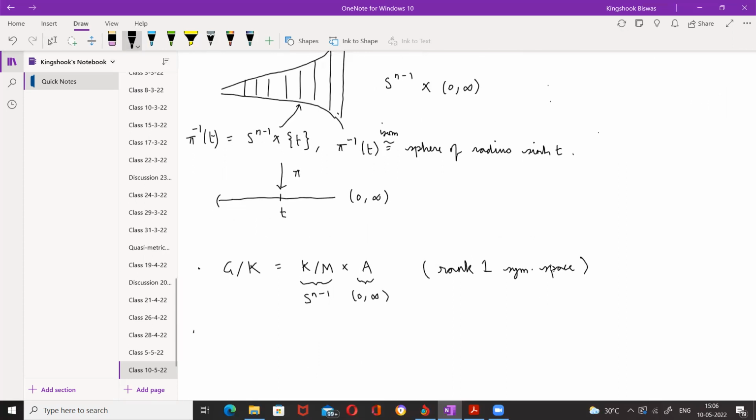If X is a Hadamard manifold, that means it satisfies the hypothesis of the Cartan-Hadamard theorem: it's complete, simply connected, and non-positively curved, so sectional curvature less than or equal to 0.